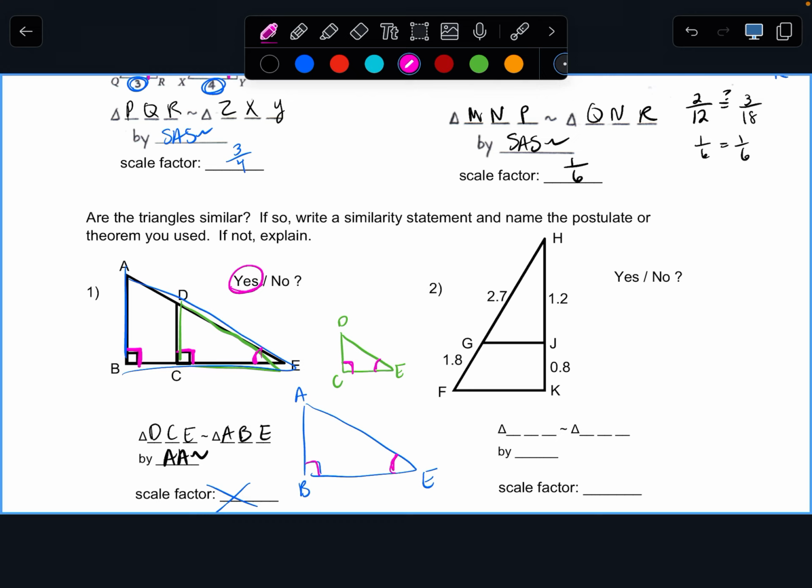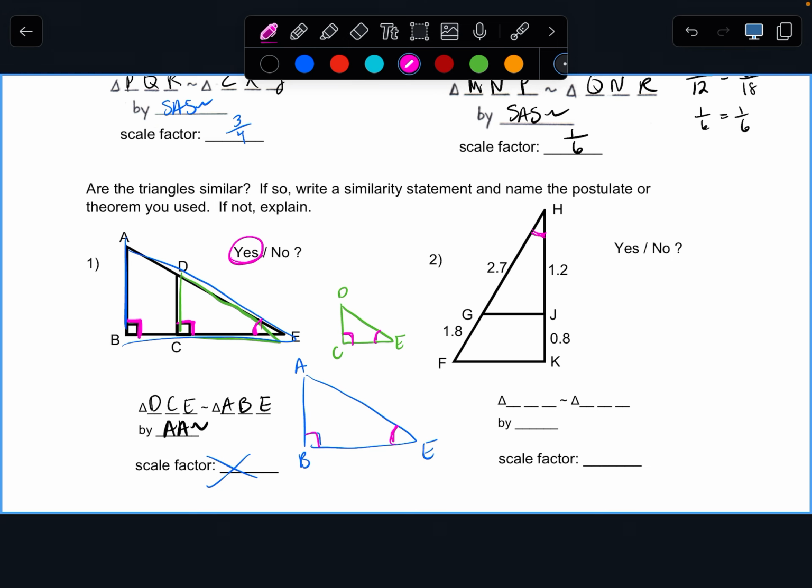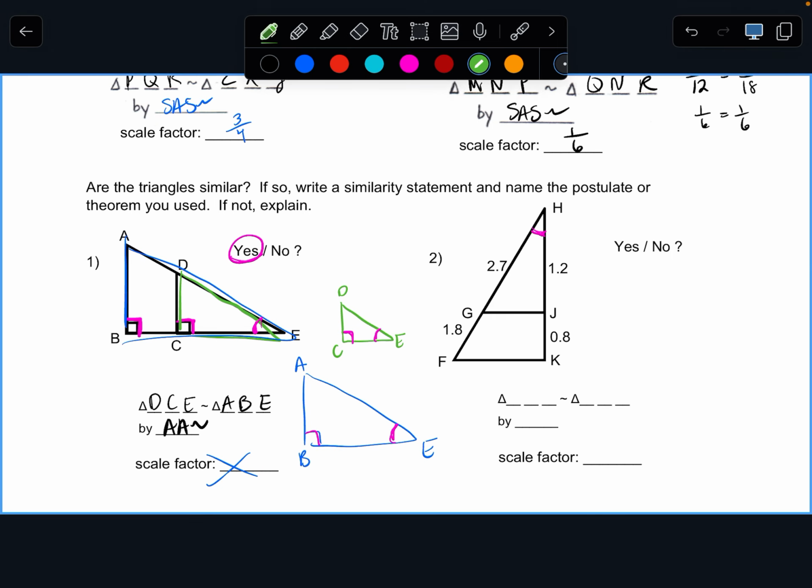This one, you also have a shared angle again. It's just like the one above it. But it's decimals, so that's super annoying, but whatever. We'll be fine. So you basically have this littler guy, 1.2, 2.7, the angle. And then the bigger guy, you gotta add them, because you gotta do this whole thing.